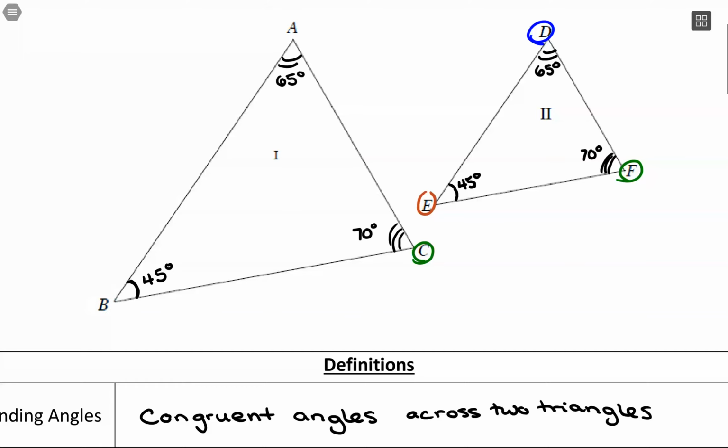But then what we'll want to focus on is what's happening with the side lengths. Because in terms of solving for angle measurements, there's nothing to do with this. We'll just know that they're all the same angle measurements. But where we can start to see some properties is when we start looking at the side lengths. This line that I just drew here is between the 65 and 45.